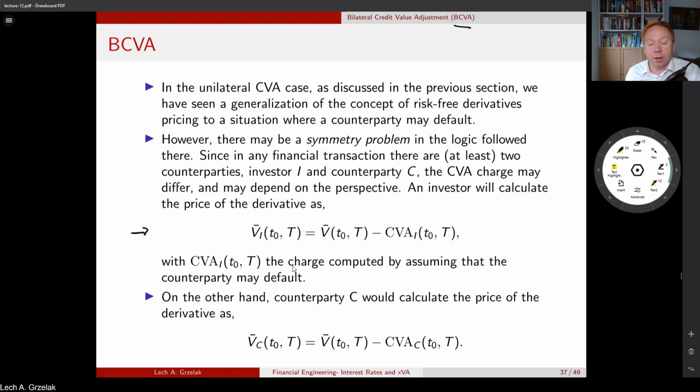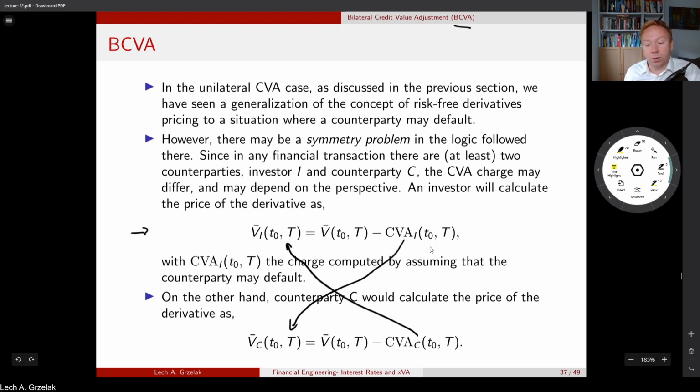So this is CVA I, the charge computed by assuming that the counterparty defaults. This is the part from one investor. However, the counterparty will look at the value of the derivative as equal to the risk-free price, exactly as here. However, the CVA would be about the other side defaulting, and this counterparty is looking at whether the first one will default.